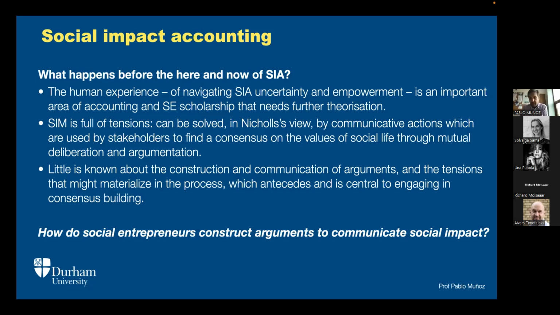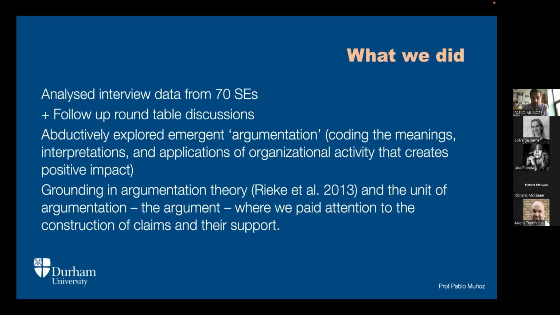So that's the question we were trying to answer at that stage: how do social entrepreneurs construct arguments to communicate social impact? We went back to the data we had and analyzed those 70 interviews. Then, from 2016 to 2019, before COVID, we engaged in several follow-up activities and roundtable discussions, where we presented the early stages of this research project and got feedback.